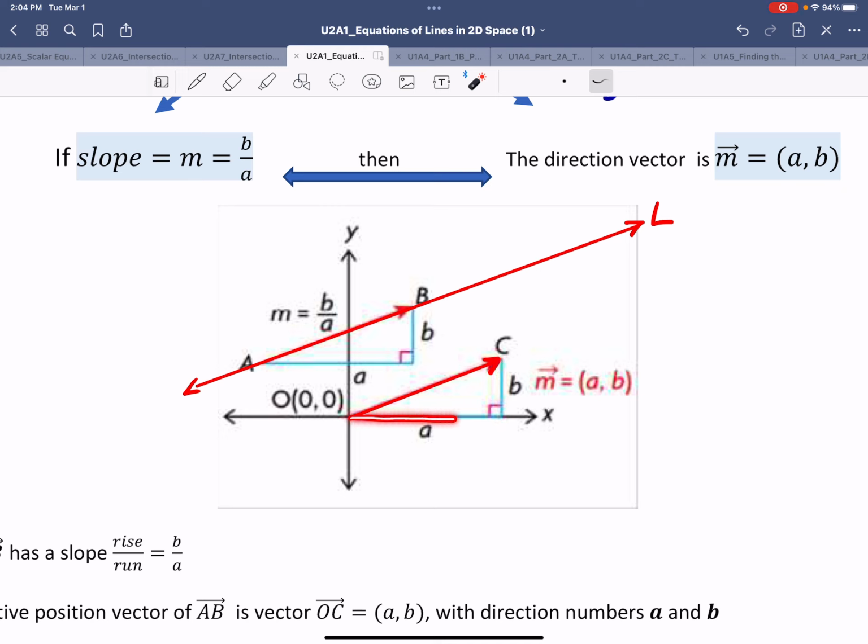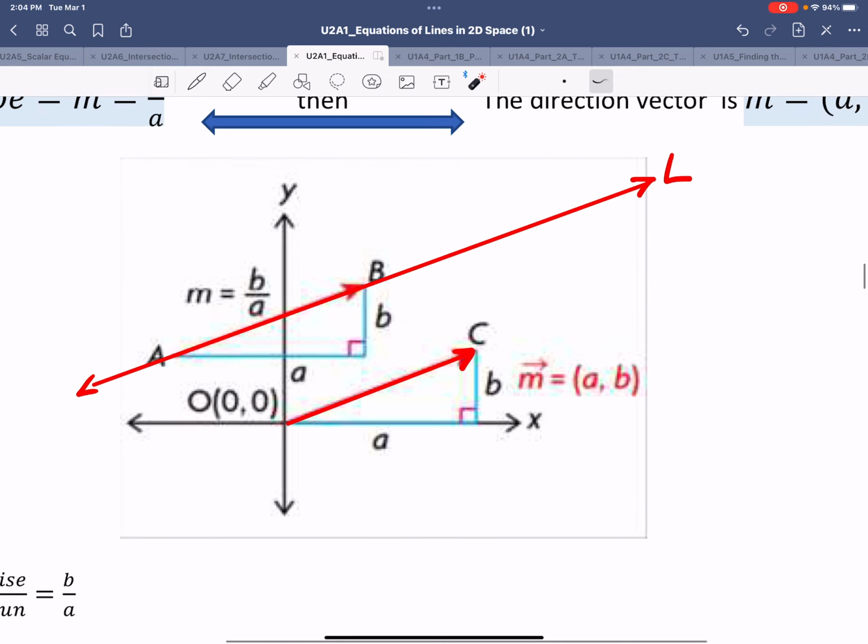That tells us that the horizontal coordinate of C will be a, and the vertical coordinate of OC will be b. In other words, the direction vector m will have the coordinates a for x and b for y.